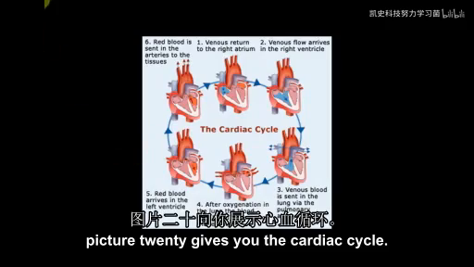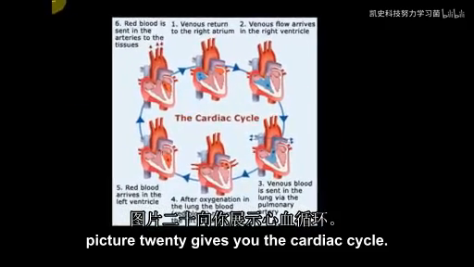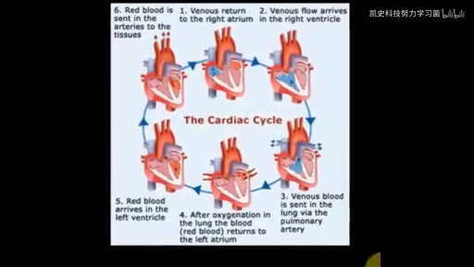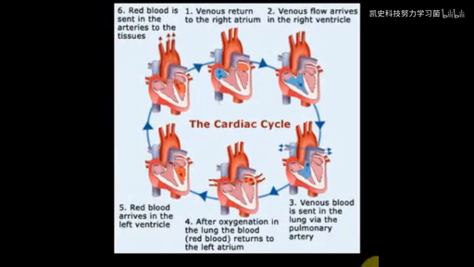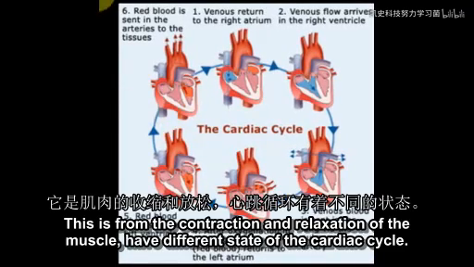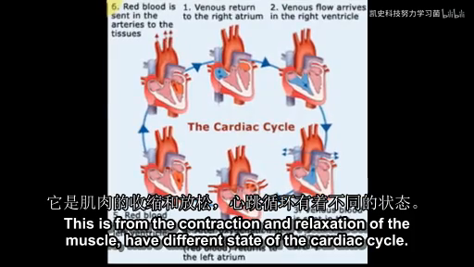Picture 20 gives you the cardiac cycle. This is the explanation of how, because of the contraction and relaxation of the muscles, there are different states of the cardiac cycle.